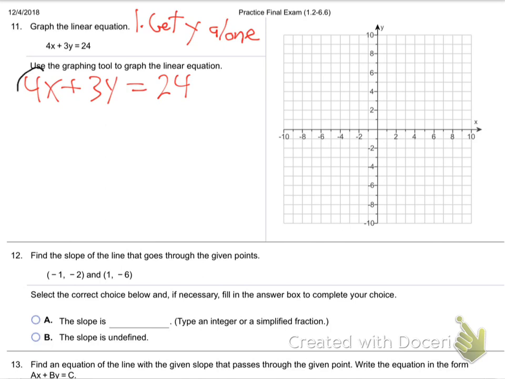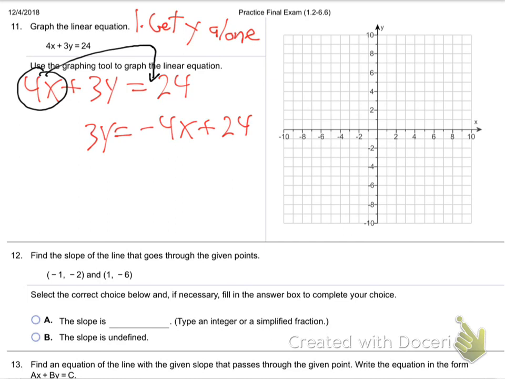Grab that 4x, jump it over. So what happens? It becomes minus 4x, right? Now notice I put the x in the front. You don't have to, but that's the way we usually did it. Might look more familiar to you that way.